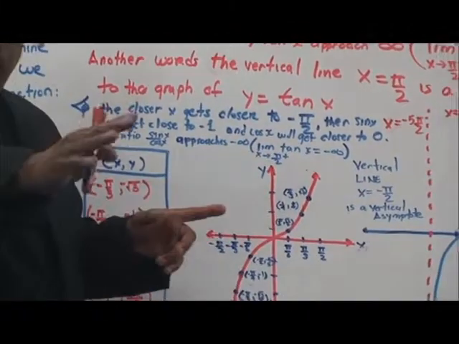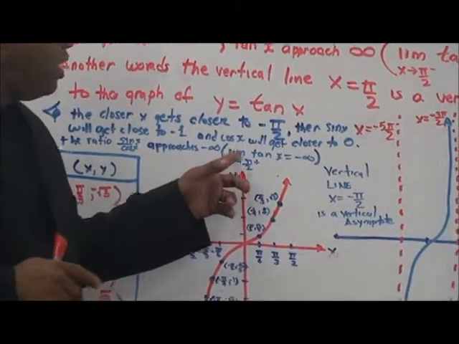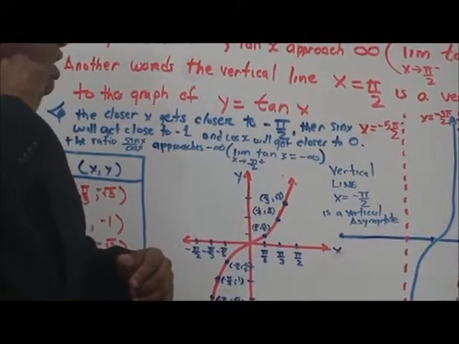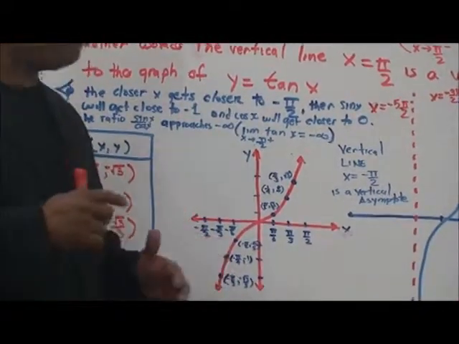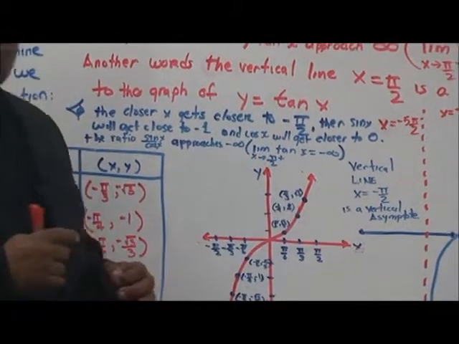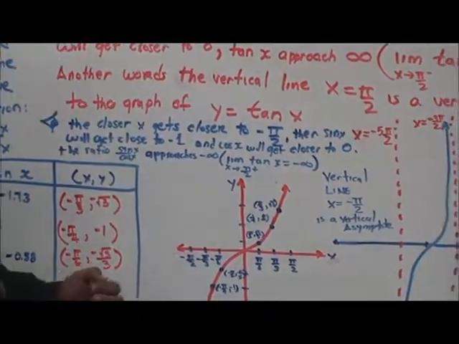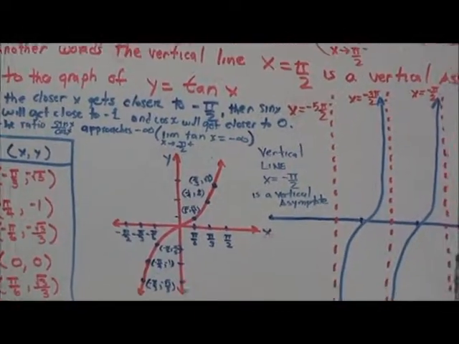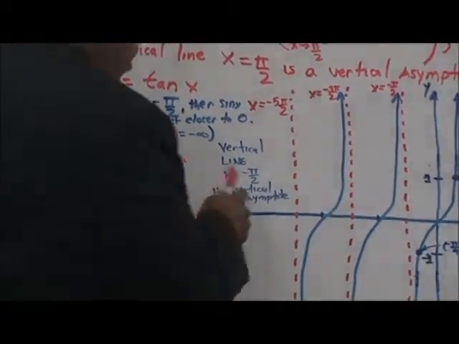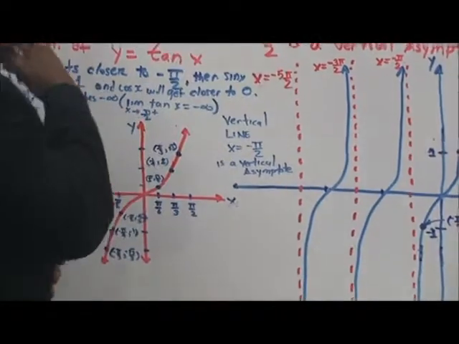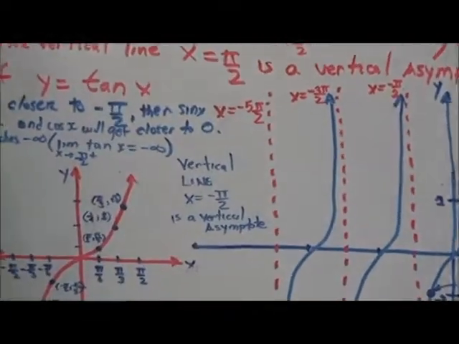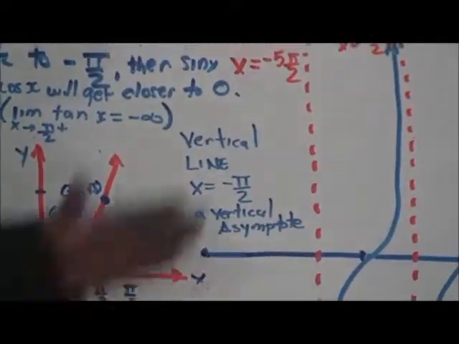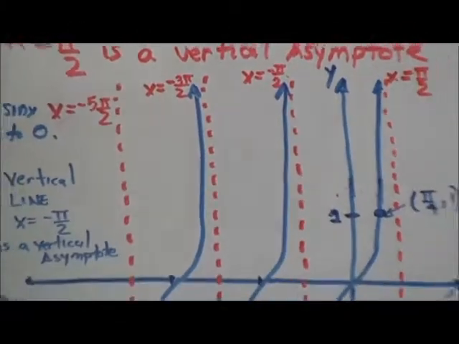So the limit of tangent x as x approaches negative pi over 2 from the right-hand side equals negative infinity. And here we have the vertical line x is equal to negative pi over 2, a vertical asymptote.